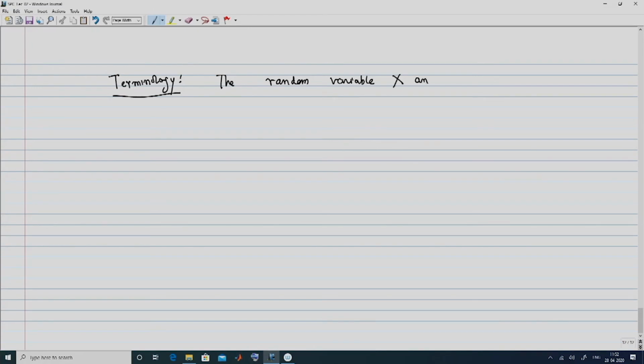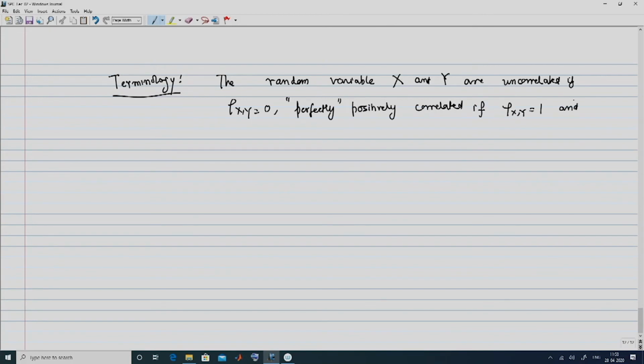The random variables X and Y are uncorrelated if rho x y is equal to 0, perfectly positively correlated if rho x y equals 1, and perfectly negatively correlated if rho x y is equal to minus 1.